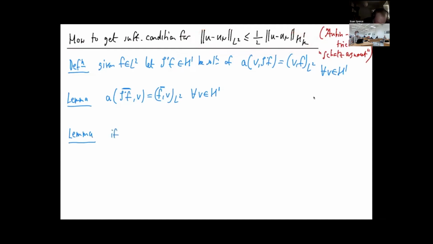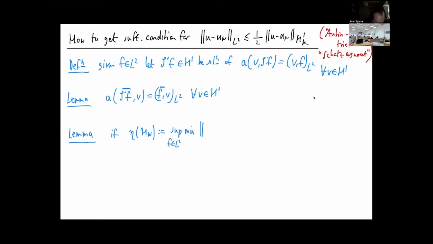So there's a certain quantity that I'm going to call eta of Hn. This is a quantity depending on properties of my approximation space Hn, and basically it measures how well solutions of the adjoint equation are approximated in this space.